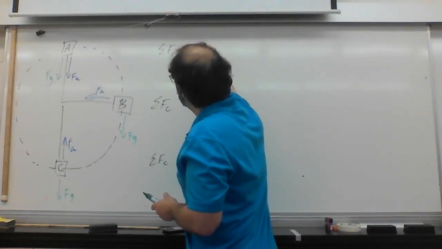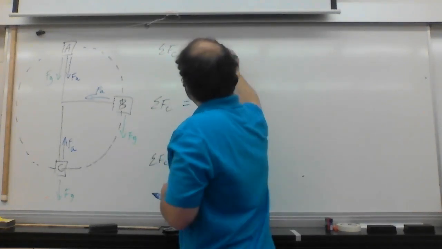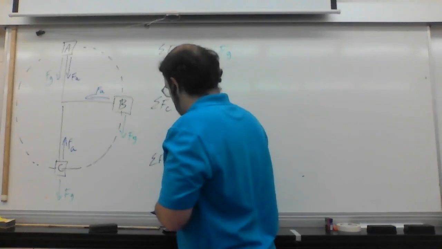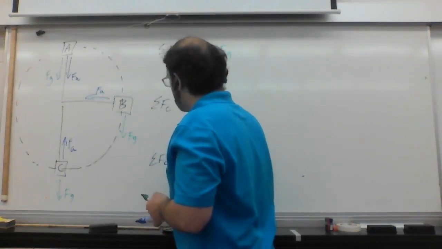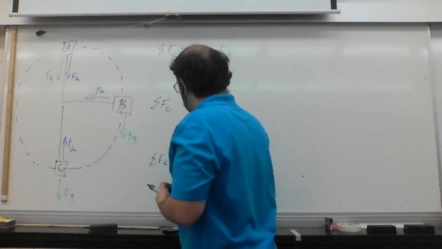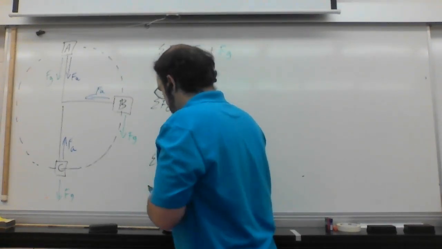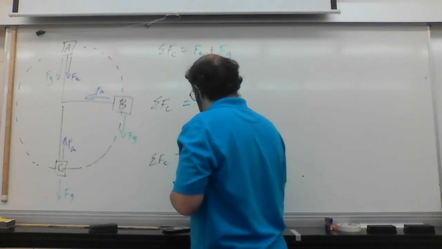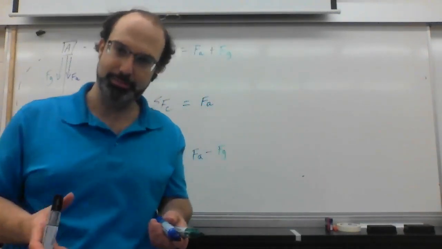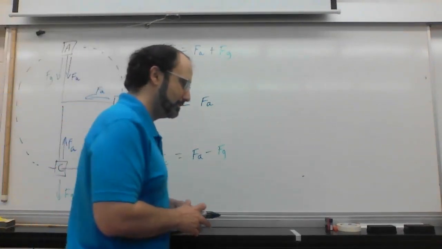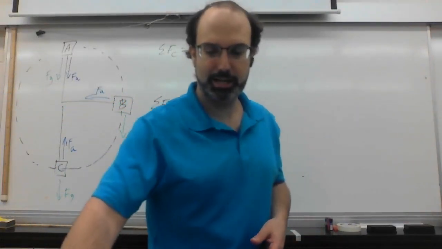Up here, we have force applied, and we have force of gravity. Down here, we have a force applied pointing to the center of the circle, and we have a force of gravity pointing away from the center of the circle. So it becomes negative. Towards is positive, away is negative.